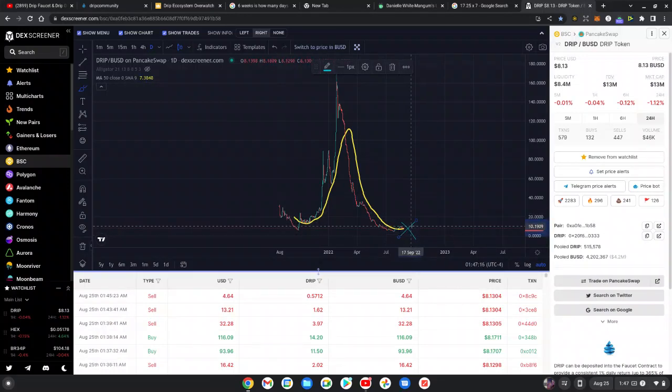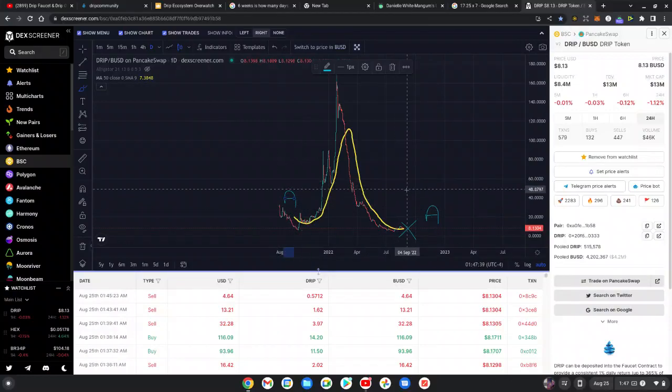So this is what they call the accumulation phase. This is when you're supposed to be accumulating. I'm going to put an A, your Drip. This right here was the accumulation phase, right here. That was the other accumulation phase.